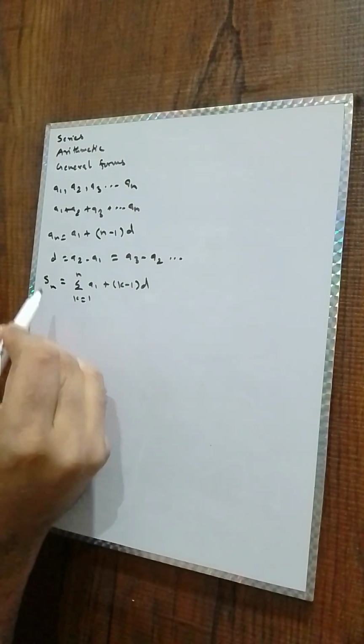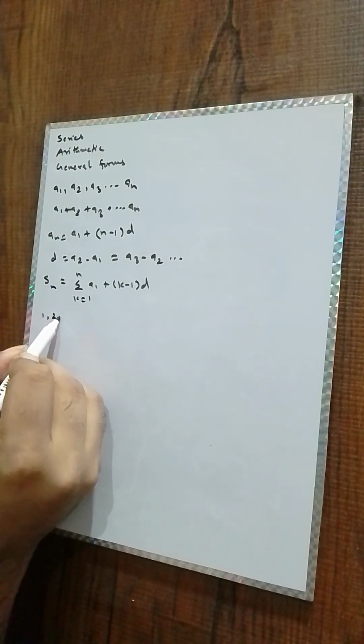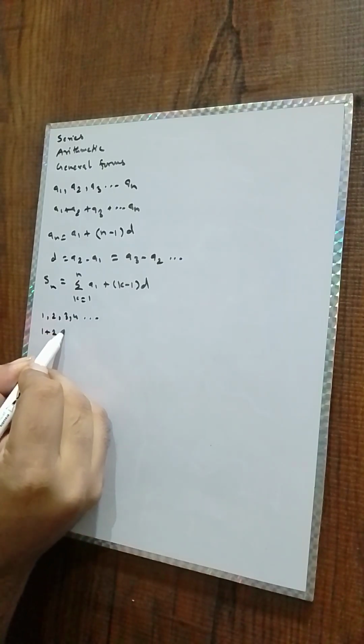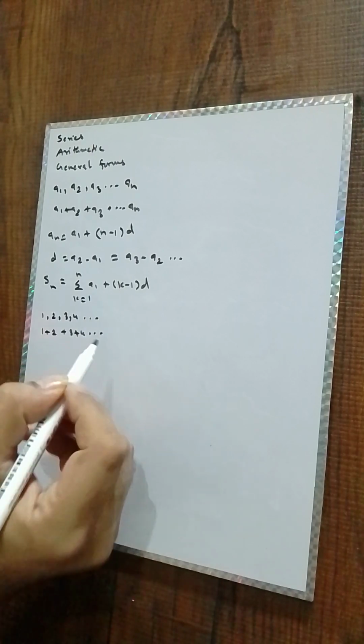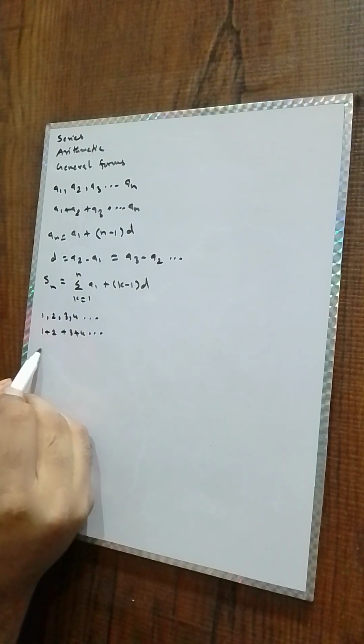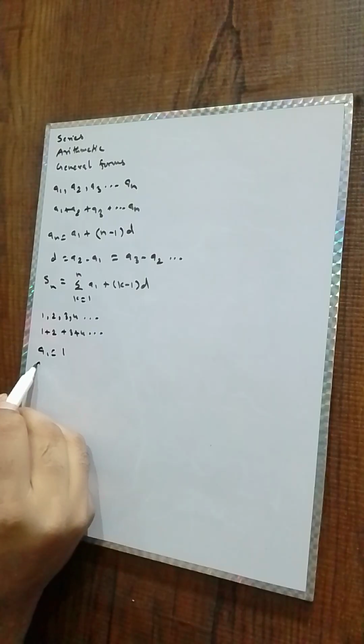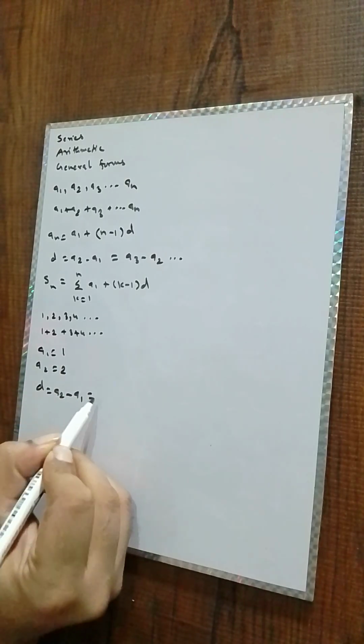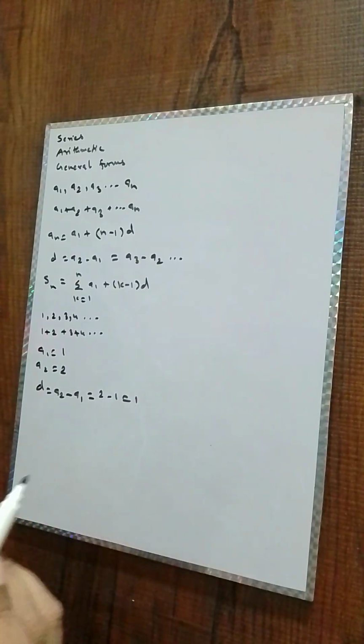So for example, we have a series 1, 2, 3, 4, and so on. So 1 plus 2 plus 3 plus 4 and so on would be the summation. So a1 is 1, a2 is 2, d is a2 minus a1, which is 2 minus 1, which is 1.